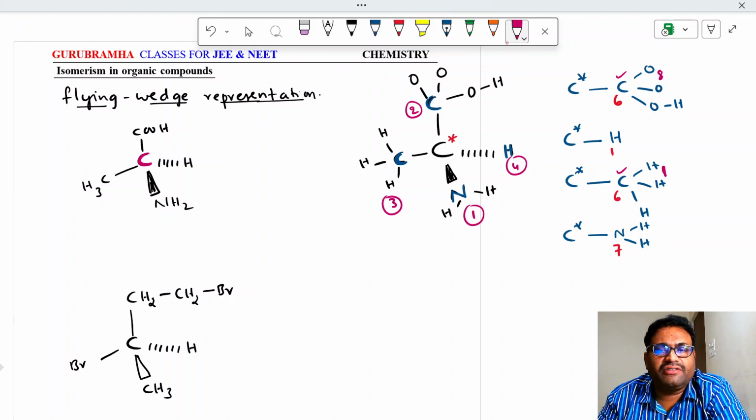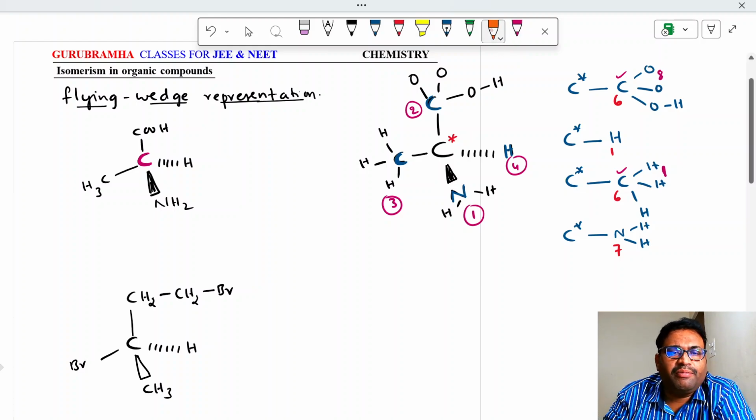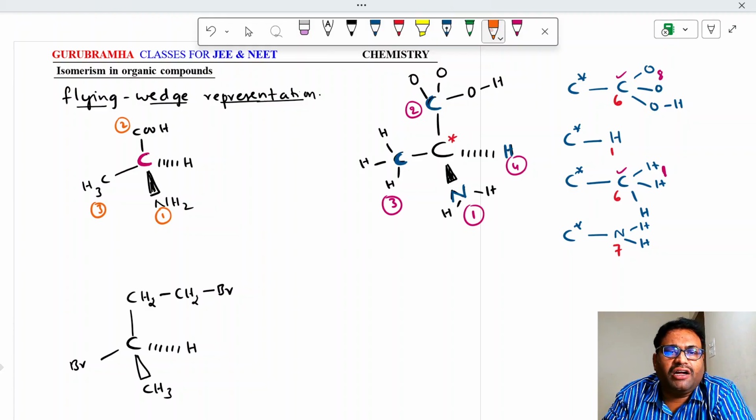Now rotate. Assign priority number 1, priority number 2, priority number 3, and hydrogen has the least priority, priority number 4, that is the least priority group. And this least priority group is away from the observer, away from the plane.